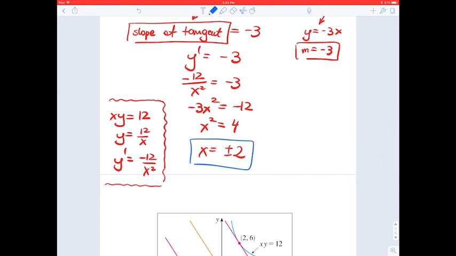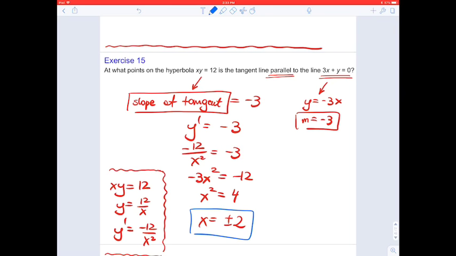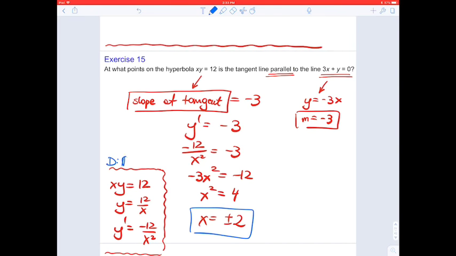Those are the points. Also, the domain was all numbers except 0, so I can accept all of these numbers. At 2 and at negative 2, we draw a tangent and it will be parallel to the line negative 3x. The slope will be negative 3.